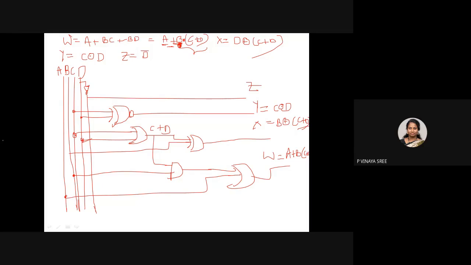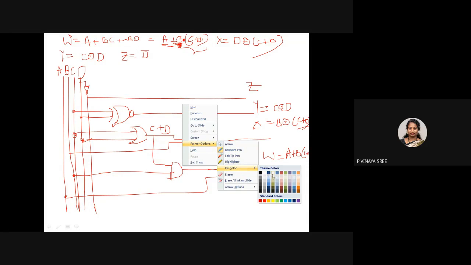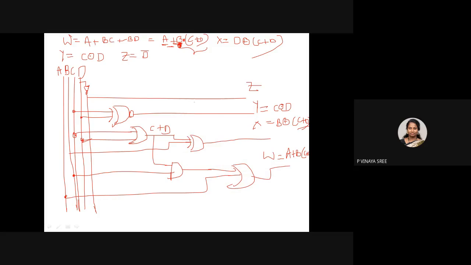Once it is completed, don't consider that your task is over. Given a BCD, whether it is converting to XS3 code or not, let me check. So it is 0 0 0 0. Now tell me, if the input is 0, the output from this NOT is what? 1. So you will be getting 1. Now you give input 0 0.